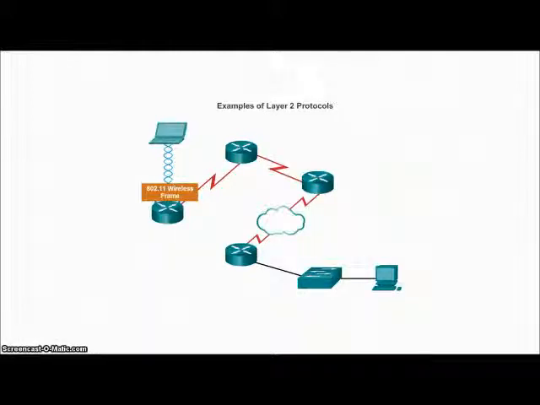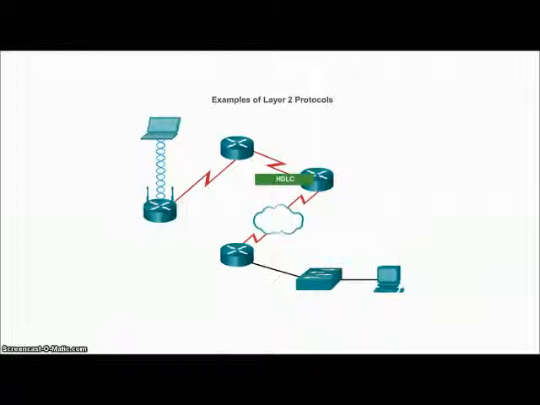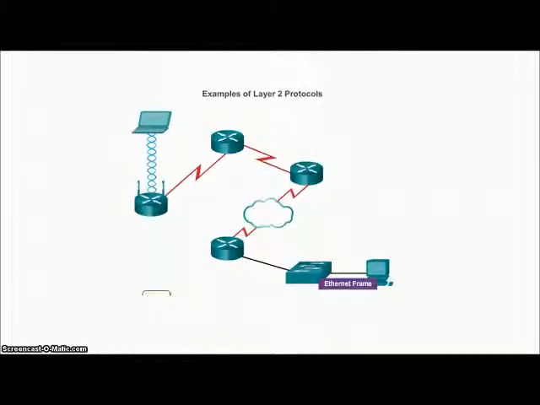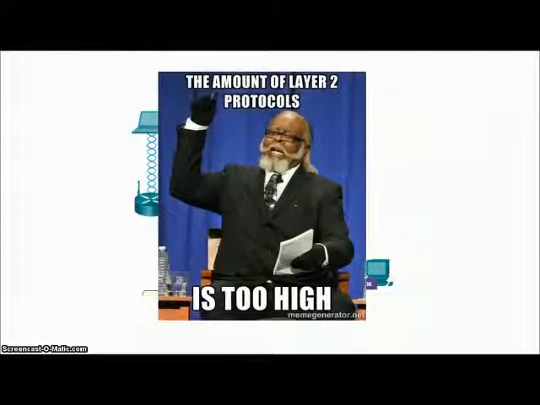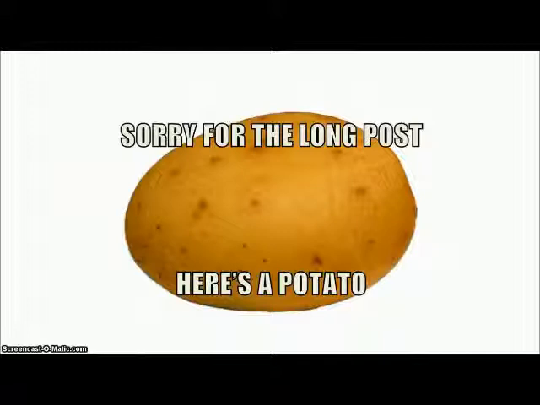Given the wide range of physical media used across the range of topologies in networking, there is a correspondingly high number of Layer 2 protocols in use, as you can see right now on screen. The protocol changes depending on the logical topology of the network. And that will be all for module 4.